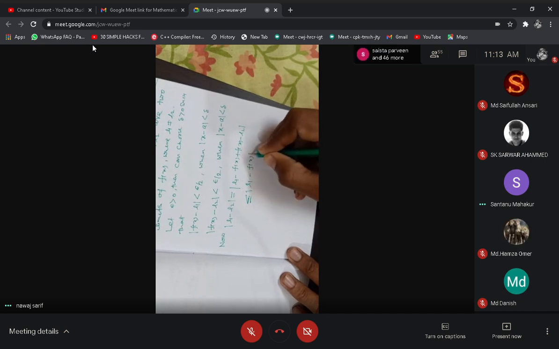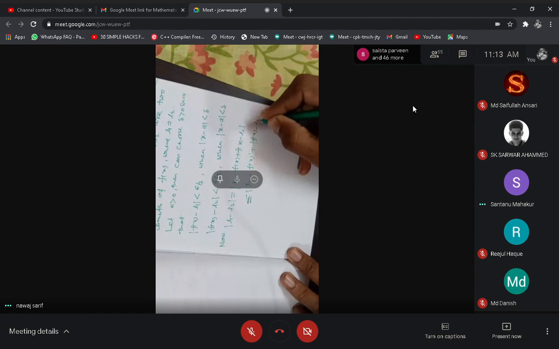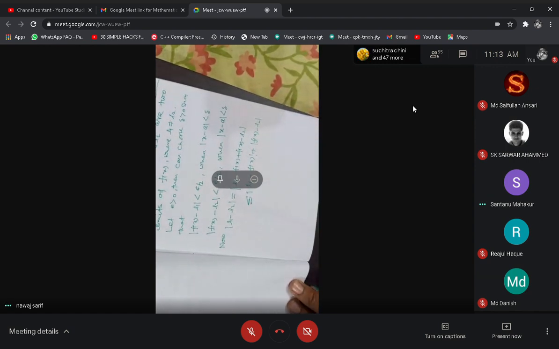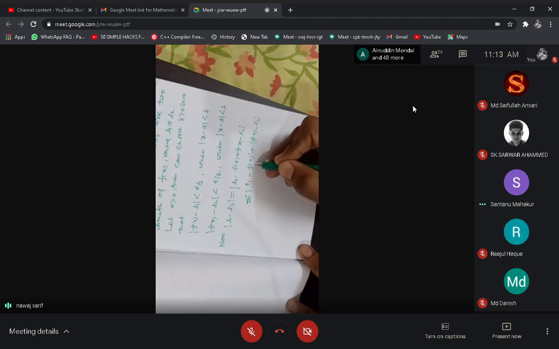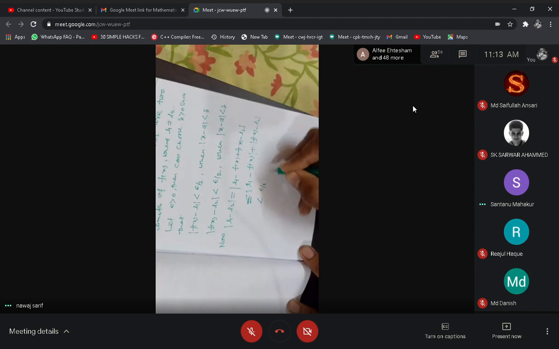minus fx plus mod of fx minus L2. And what is mod of L1 minus fx? This is epsilon by 2, and this is also epsilon by 2.